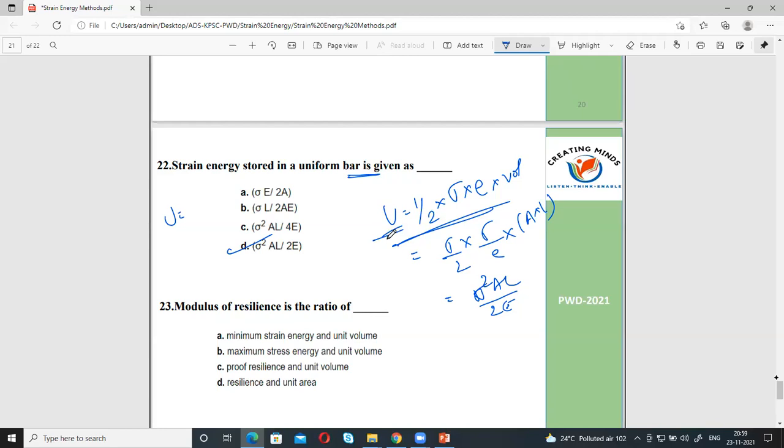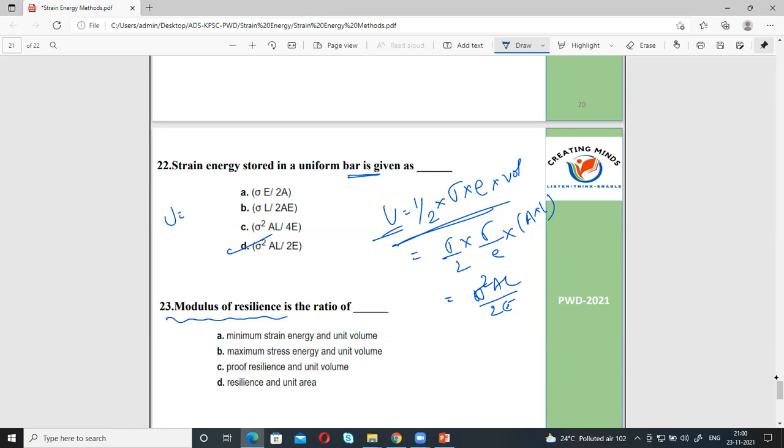What is the last question? What is modulus of resilience? It's the resilience per unit volume. Any other answers? What is modulus of resilience? I've given the sentence.